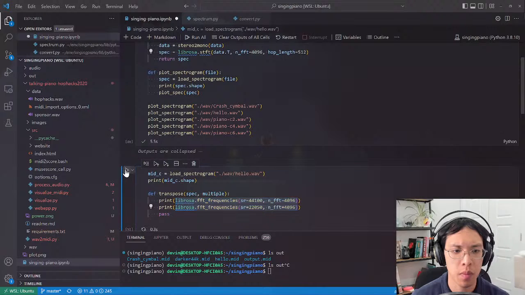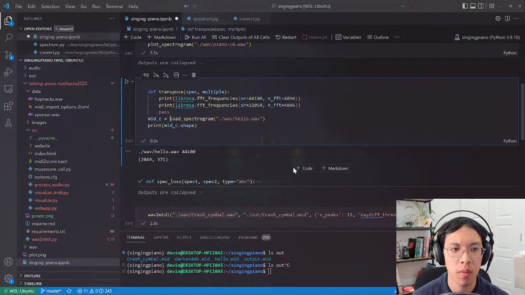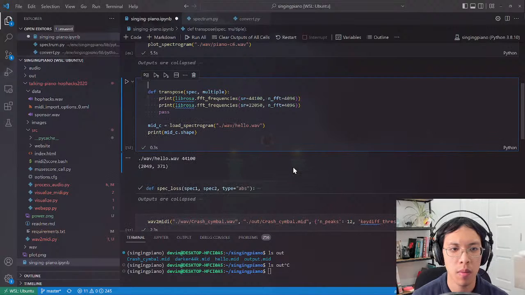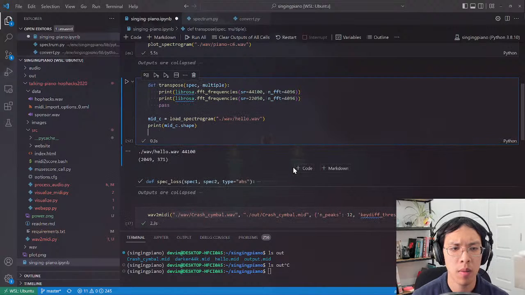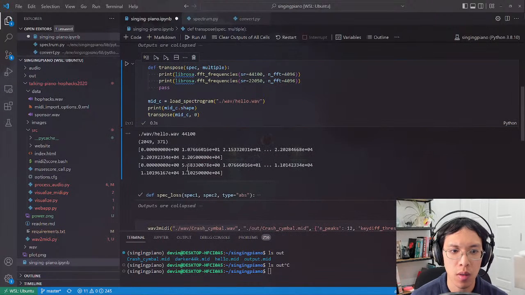Okay. Oh, of course I have to run it. So let's run it. Doesn't matter right now, we're not actually transposing, right?